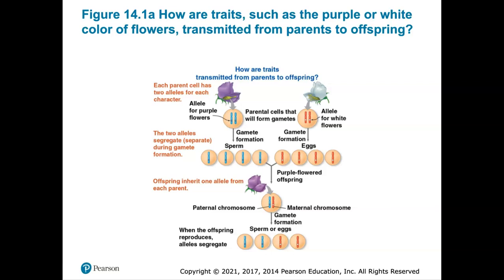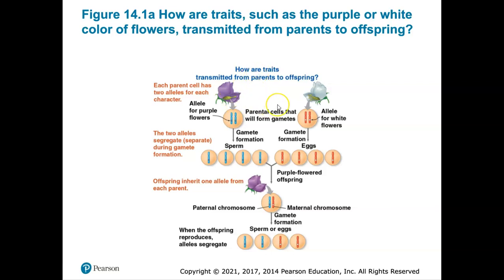But basically, we can apply the rules of heredity that were developed from garden pea heredity to humans because both the garden peas and humans have sperm and egg. And in both situations, half of the DNA from one parent is found in the sperm and half is found in the egg.